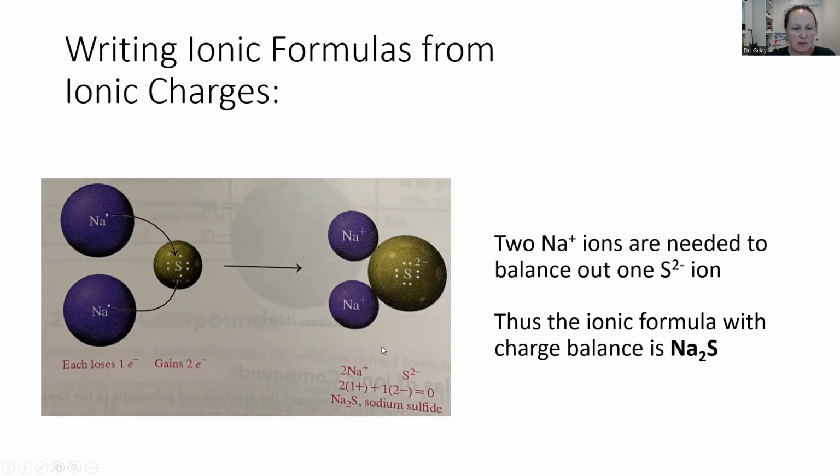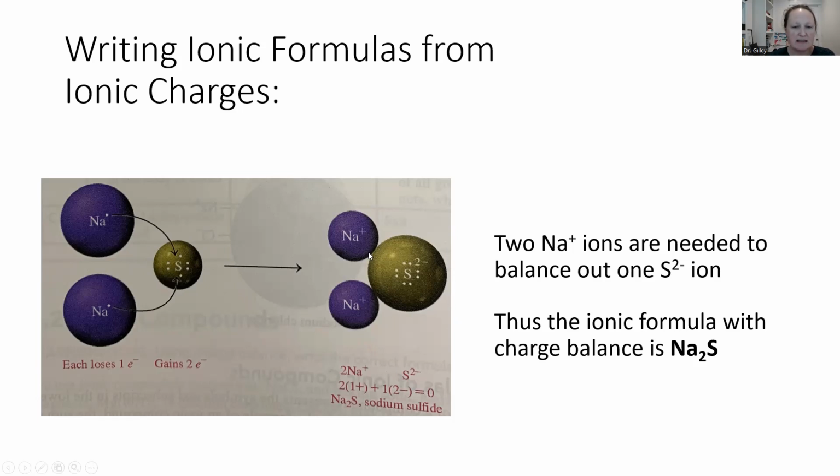Because sulfur normally has 6 valence electrons, it needs 2 more electrons in order to get an octet, which again is that stable number of electrons isoelectronic to its nearest noble gas.